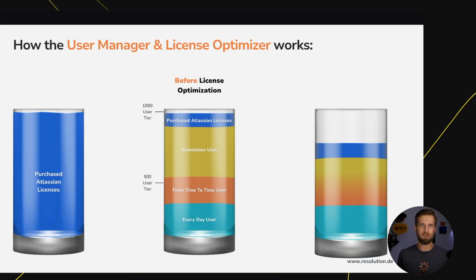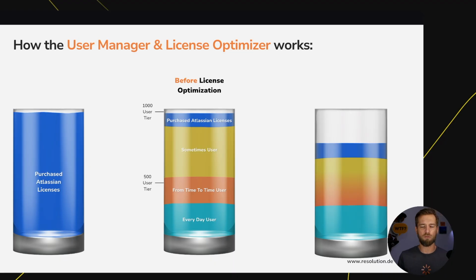So what is the general idea of the user management and license optimizer? Normally you have the following scenario: you have your purchased Atlassian licenses on an annual or monthly plan. But when you look a little bit deeper into your licenses, you have different kinds of users.